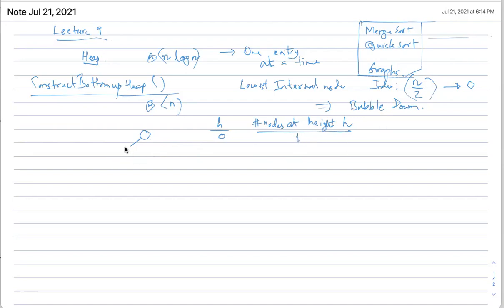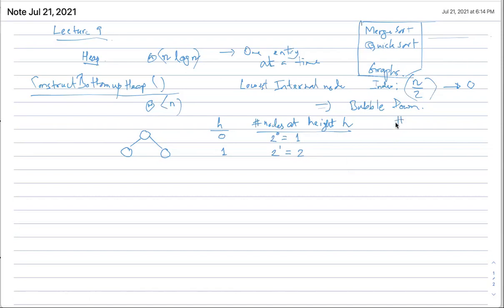So if I go to another level, so increase the height, then the number of nodes at height 1 is going to be 2 to the power 1, which is 2.